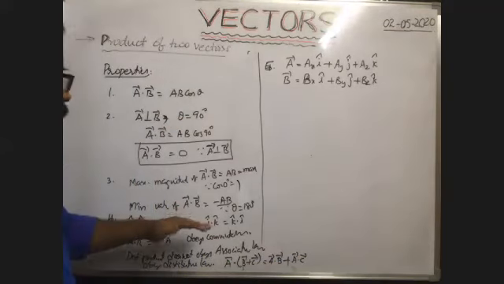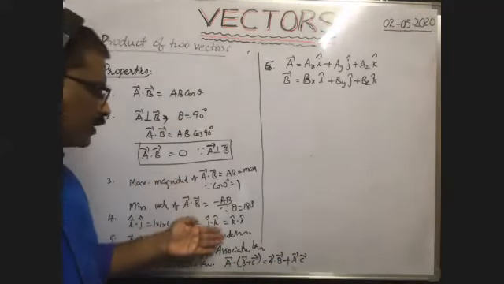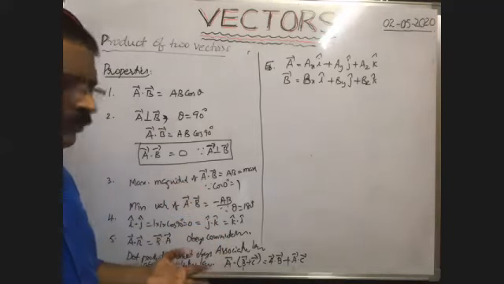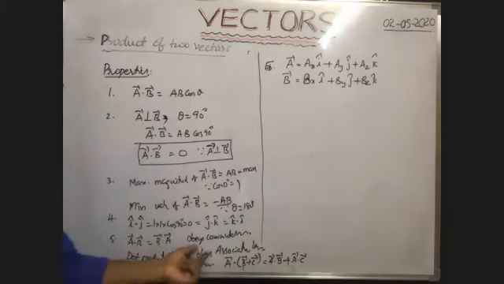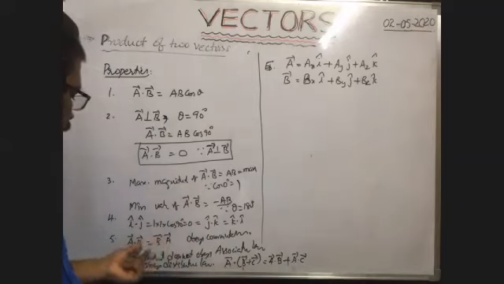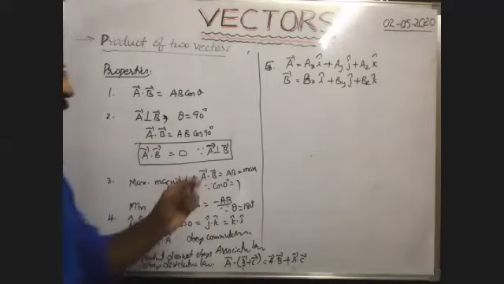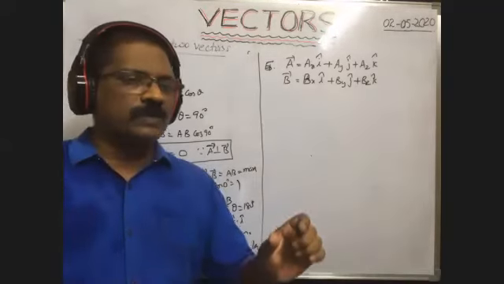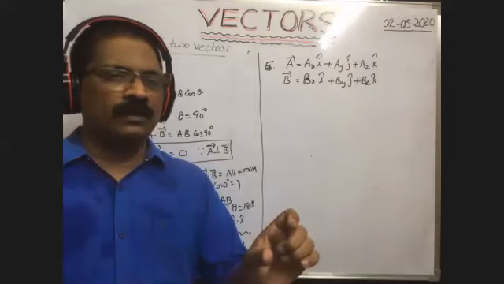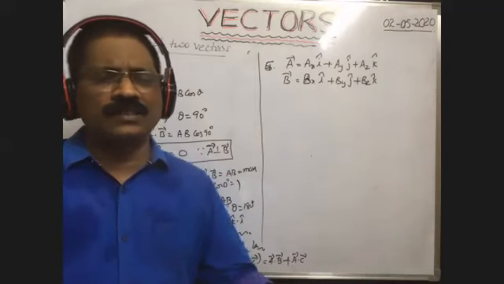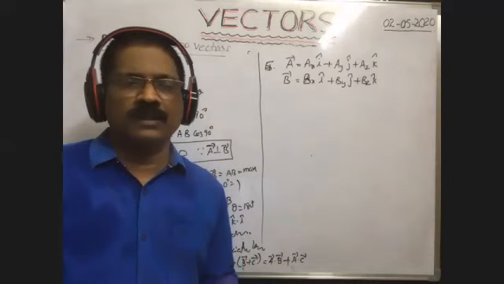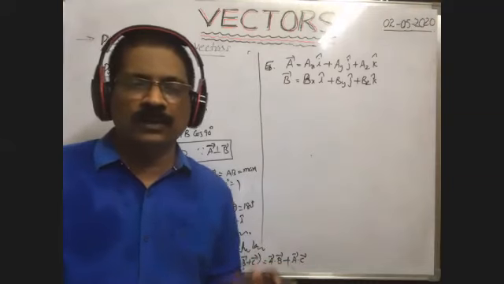So dot product obeys commutative law, does not obey associative law, because it does not exist. When you do a bar dot b bar dot c bar, b bar dot c bar is a scalar. A bar dot scalar does not exist. That's why dot product does not obey associative law.